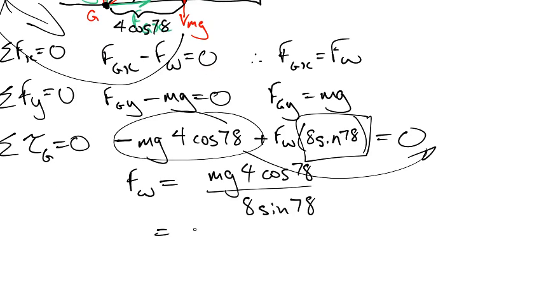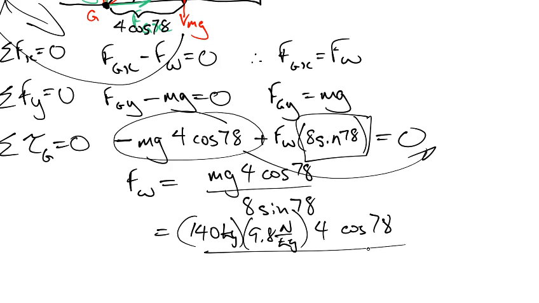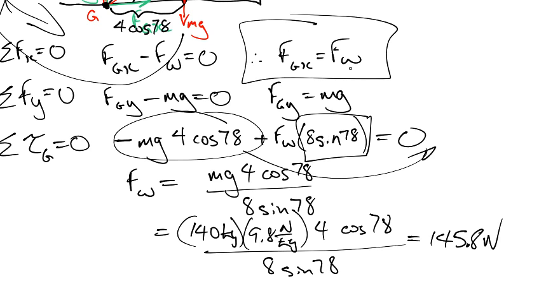Let's plug in our numbers and see what we get. 140 kilograms times 9.8 newtons per kilogram times 4 times cosine 78 divided by 8 times sine 78 gives us, let's get out our trusty RPN calculator, 140, enter 9.8 times 4 times 78 cosine times 8 divided by 78 sine divided by, and we get an answer of 145.8 newtons.